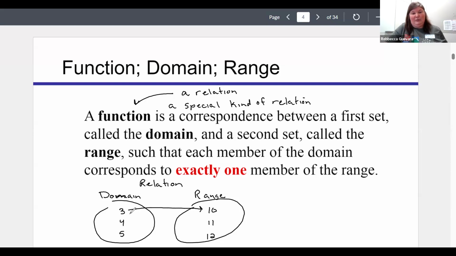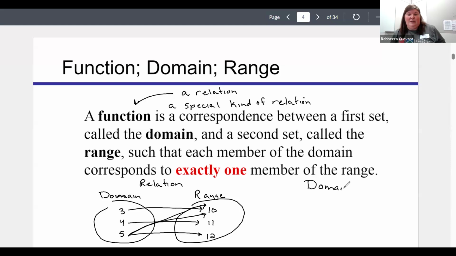So all a relation requires is that everything maps to at least one number. It can map to 2. It can map to 3. One number can map to everything, or every number can map to every other number. But what we mean by relation is that one number is going to go to at least one other number.